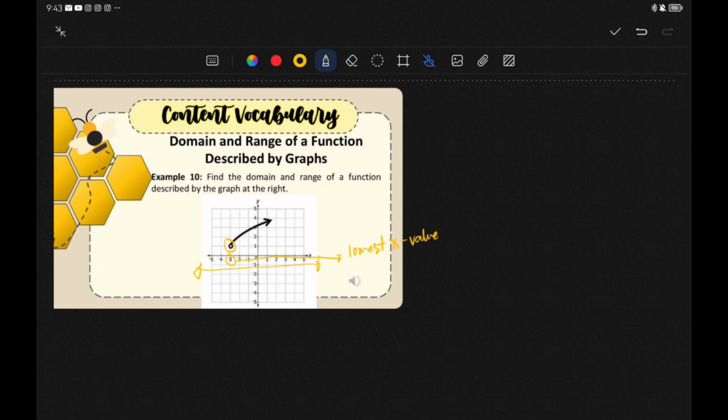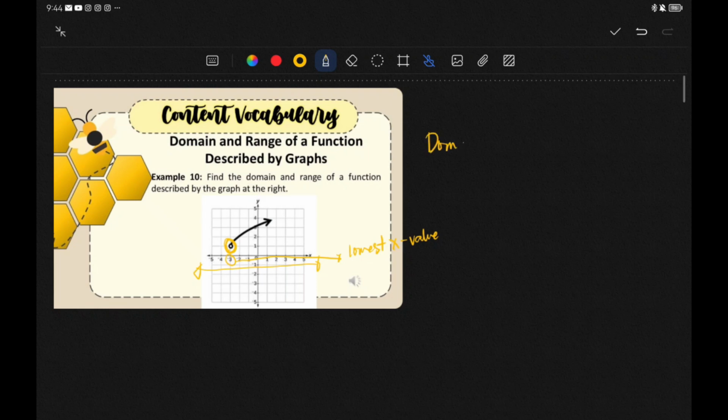But we are going to exclude negative 3 because of the hole. So the graph goes infinitely to the right starting from negative 3. But since there is a hole at the point negative 3 and 1, it means that negative 3 is not included in the domain of the function described by the graph.